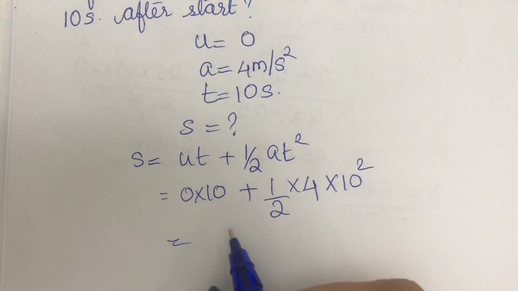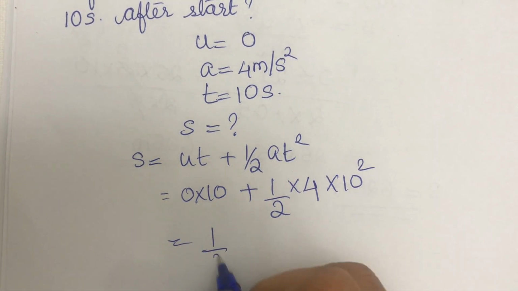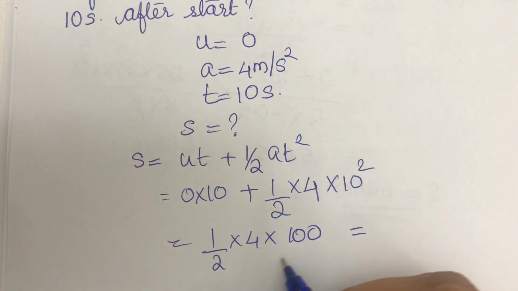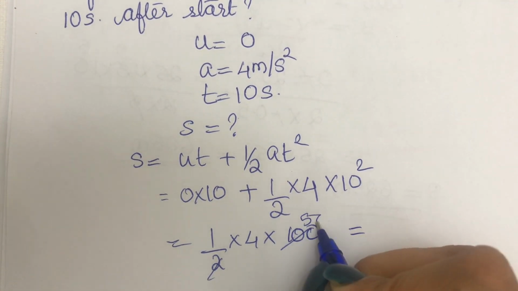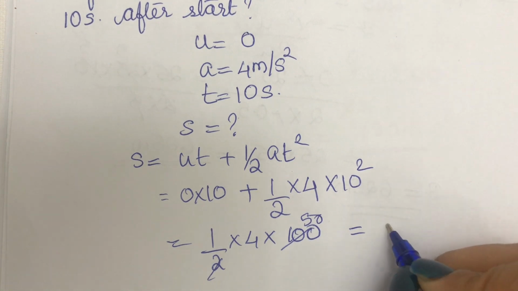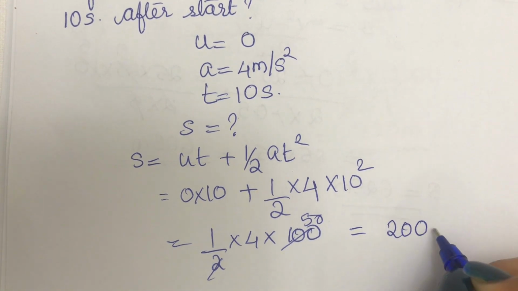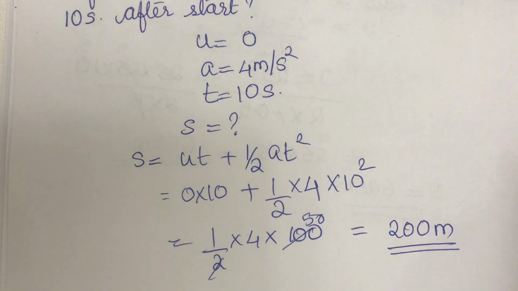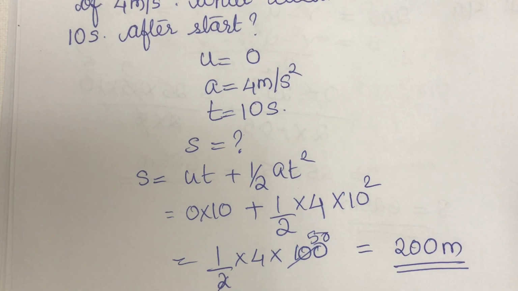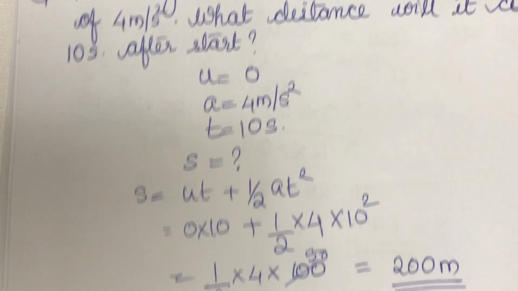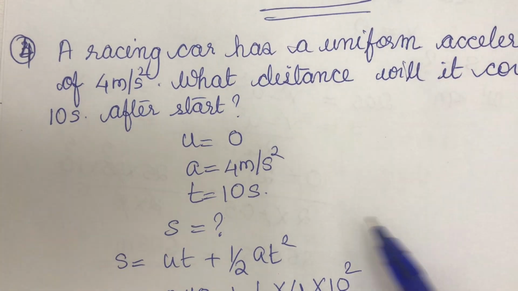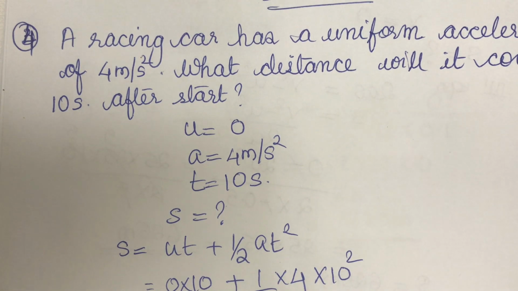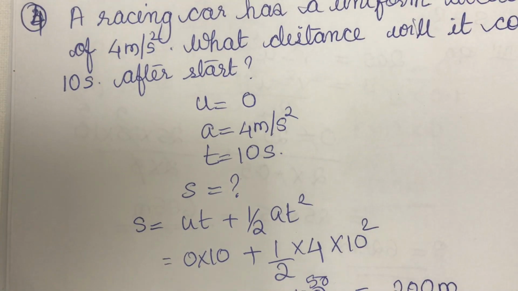So 0 into this number will be 0. Half into 4 into 100, which is equal to 50. That is what? 200 meter. The distance covered by the car in 10 seconds after start is 200 meter. Right?